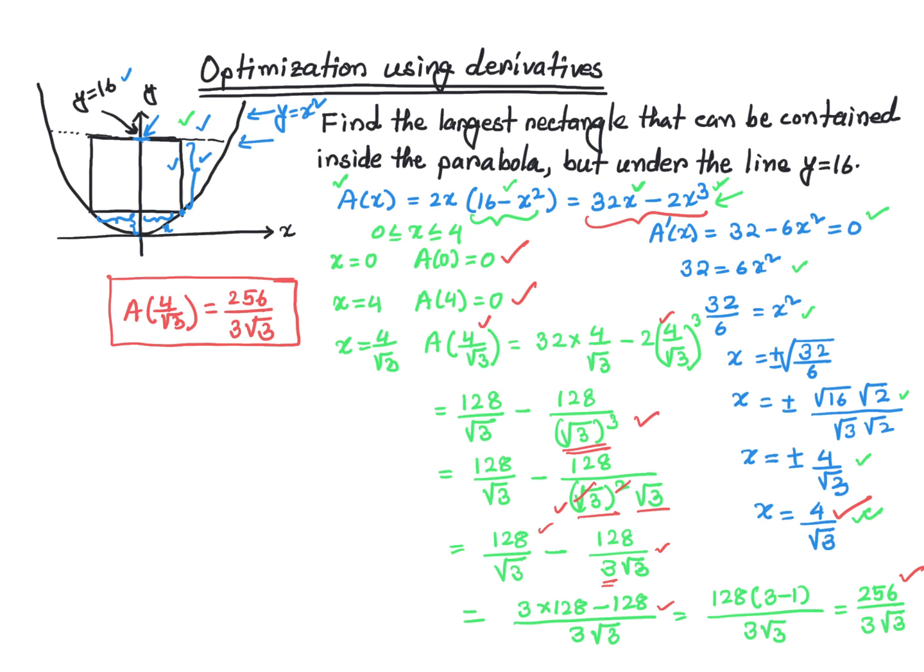And that's the largest value among all the values that we have considered. So therefore, the rectangle contained between this horizontal line y is equal to 16 and the parabola in the upper half of the coordinate system will have the maximum area of 256 divided by 3 times square root of 3.